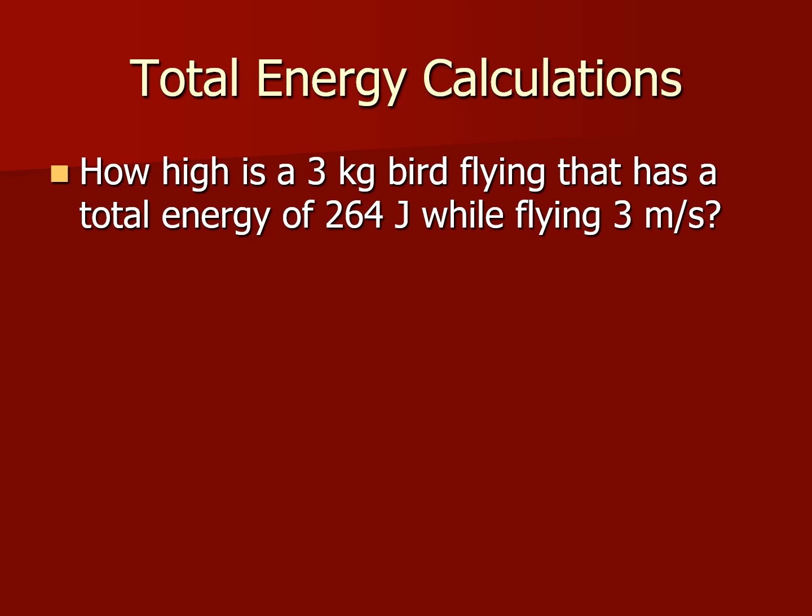Okay. This one says, how high is a 3 kilogram bird flying that has a total energy of 264 joules while flying at 3 meters per second? So we now have a new equation. TE equals mgh plus 1/2 mv squared.